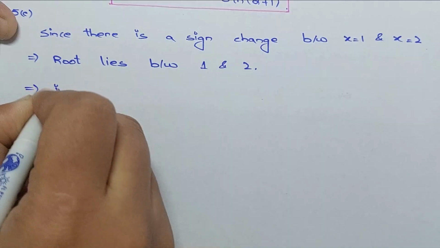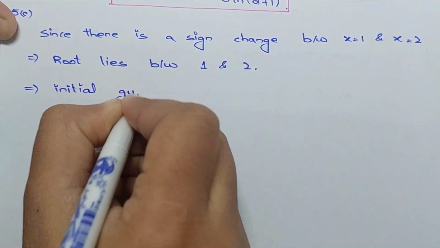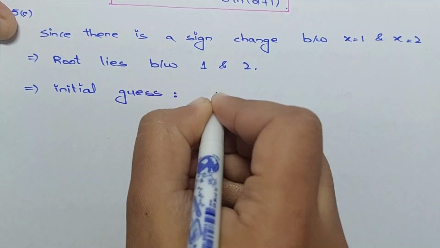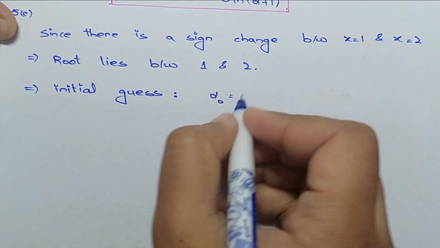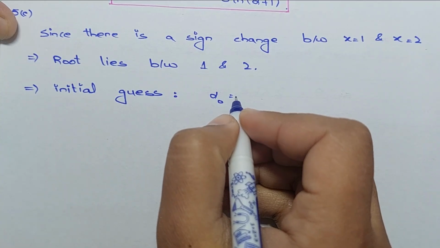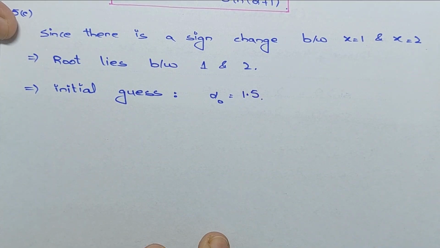This implies the initial guess is alpha naught, and we need to pick a number between 1 and 2. We can take 1.1, 1.2, 1.3. I would like to take 1.5, right? This is your choice.